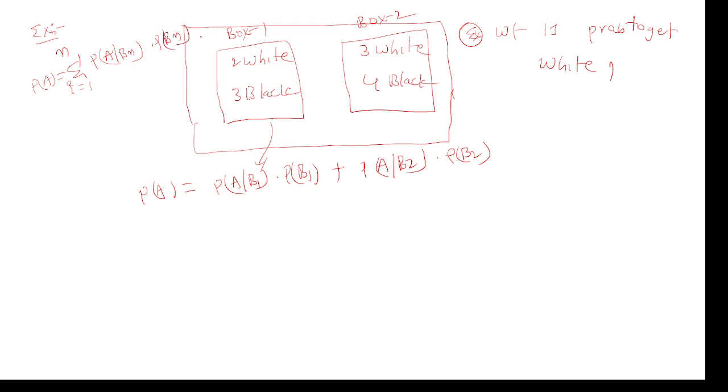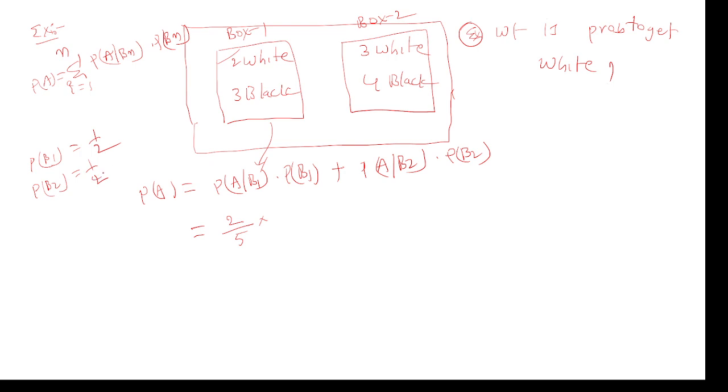So here, probability to get a white ball if box 1 is selected: two favorable out of 2 plus 3, total 5 outcomes. And probability to get box 1, B1, is 1 by 2, because two boxes are there. Probability to get box 2 is also 1 by 2.